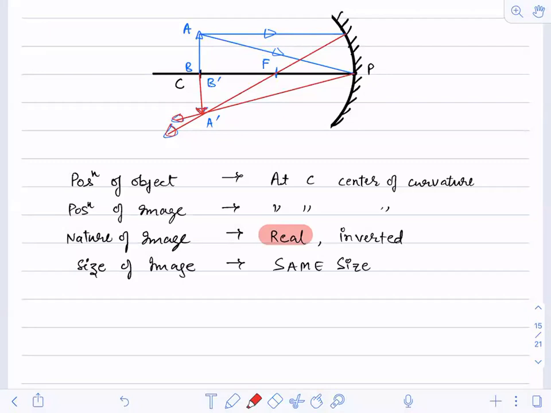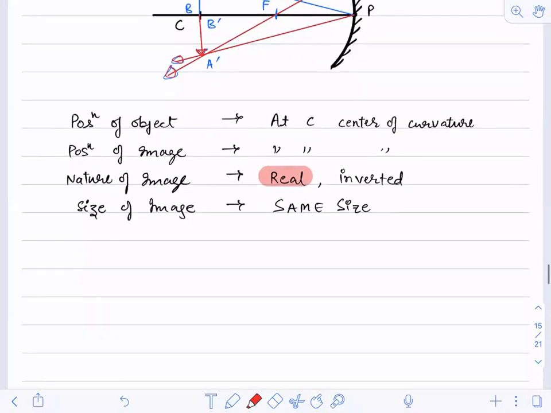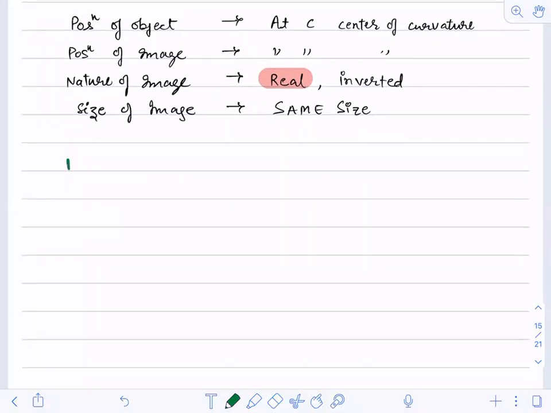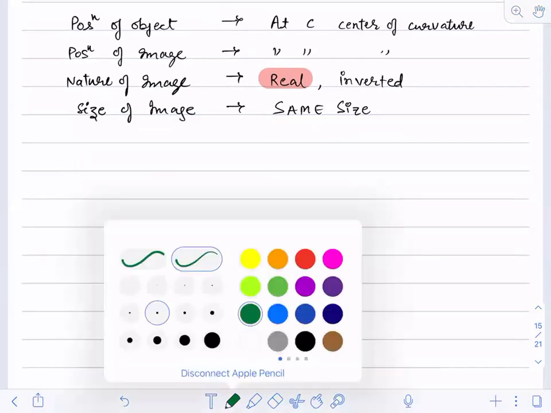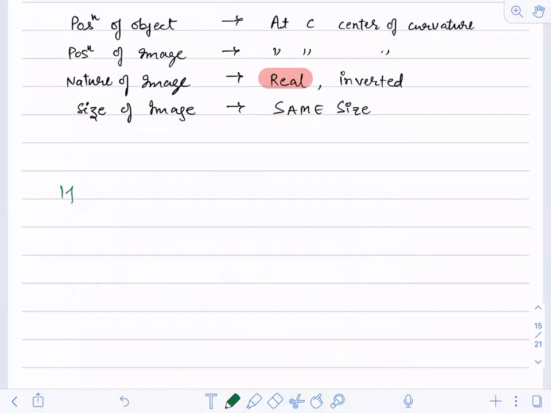Okay. So just see here, whenever reflected rays, I have told you when I was teaching you the real image and the virtual image, that point also I told you. If reflected rays actually intersect, this implies the image will be real.